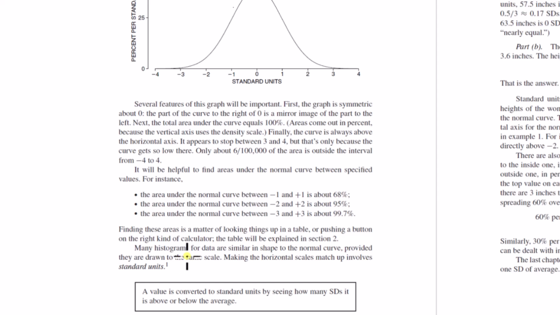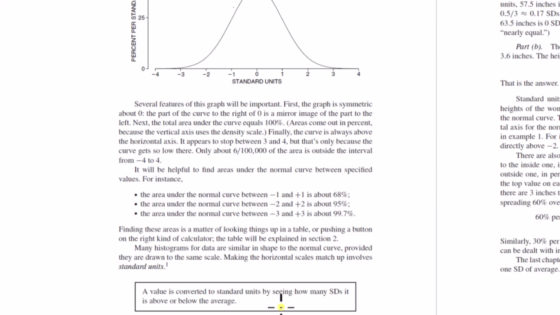And if we wanted to compare the shapes of those histograms to the normal curve, then you need to draw that histogram to the same scale as the normal curve, which means you need to convert the horizontal scale to standard units. And as we could have guessed, these standard units are how many standard deviations a value is away from the average.